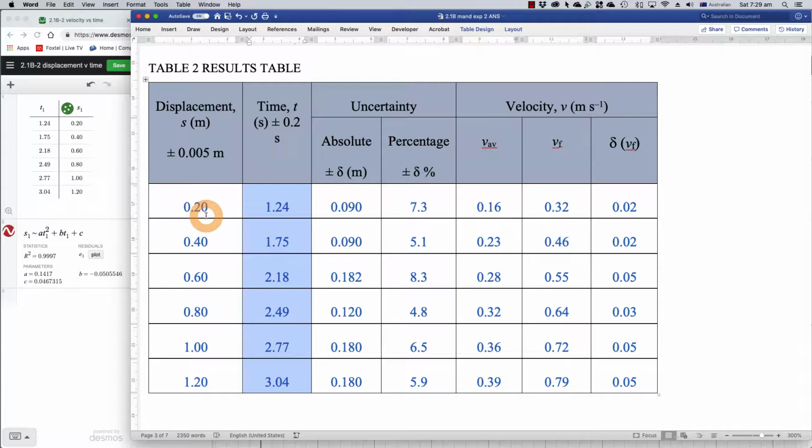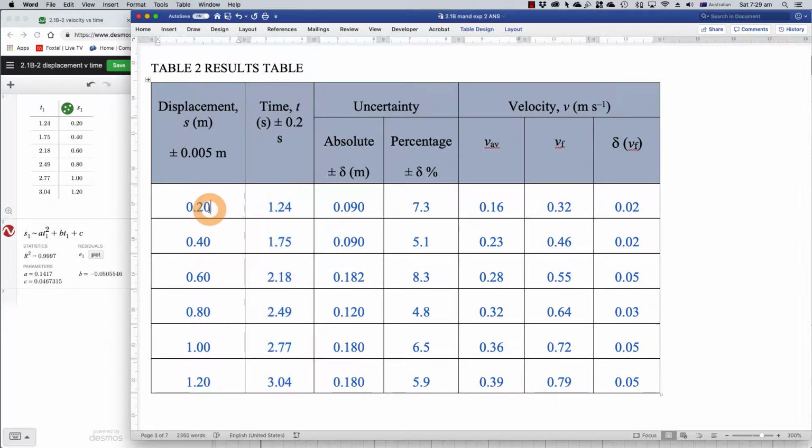These are the two columns that have been transferred from table 1. The other thing that's been transferred is my absolute and percentage error, because these are the percentage errors in the time that I measured.